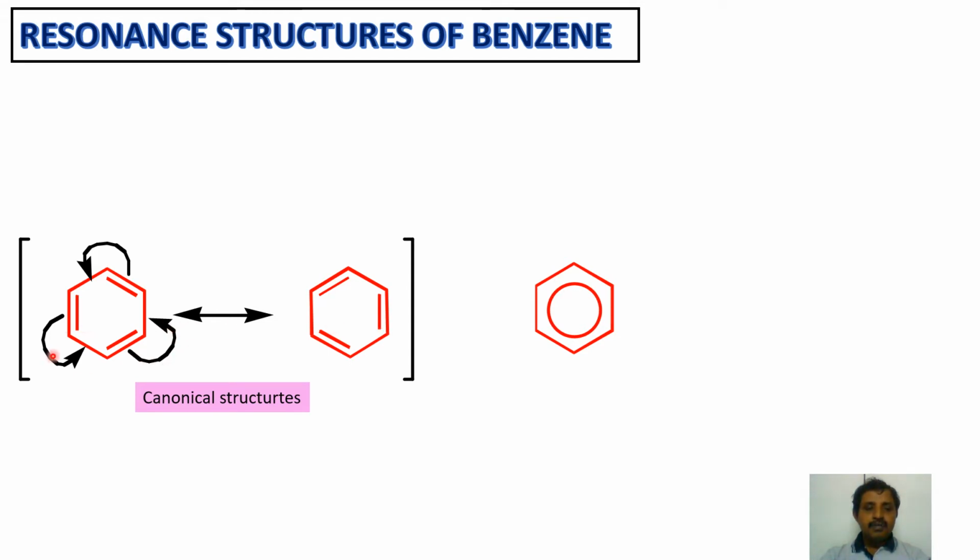This implies the double bond is moving around the benzene ring. So the movement in the benzene ring is represented by a true structure that is called the resonance hybrid. This is the resonance hybrid.